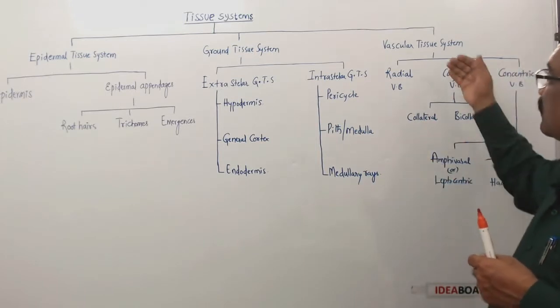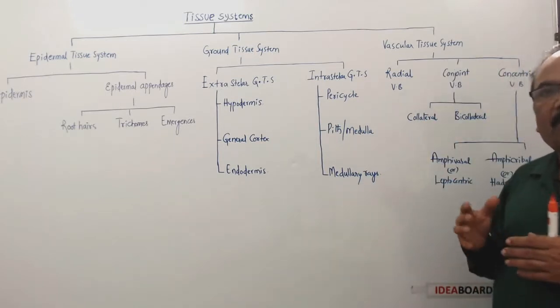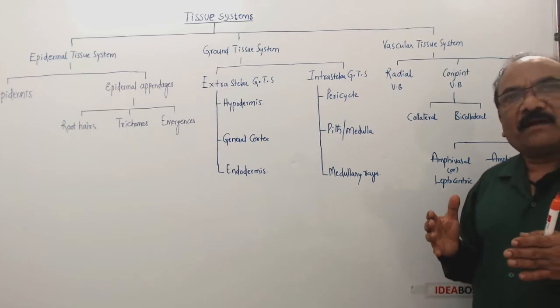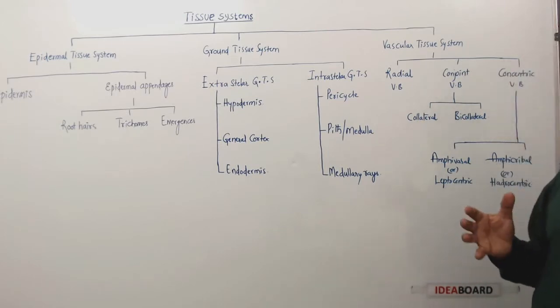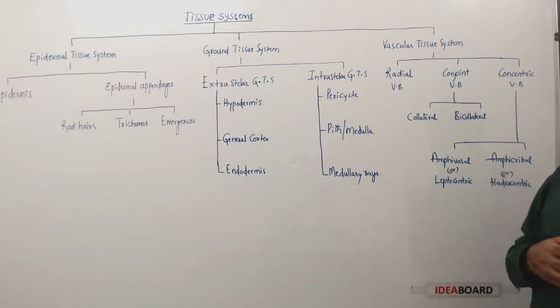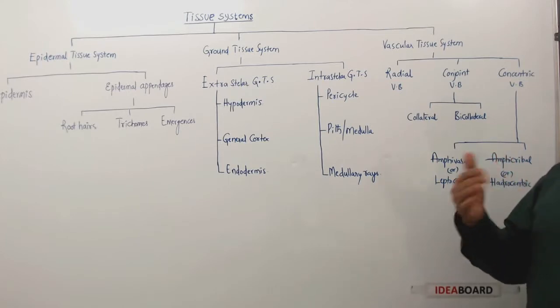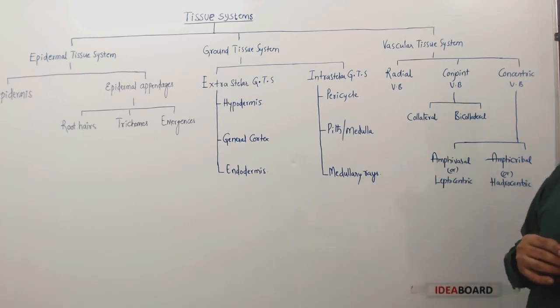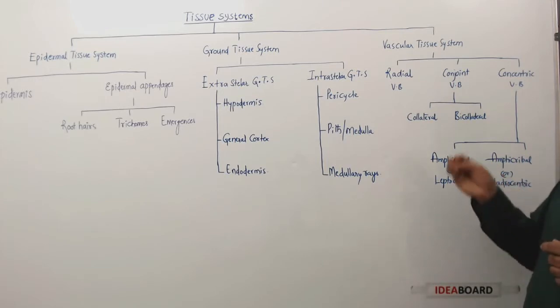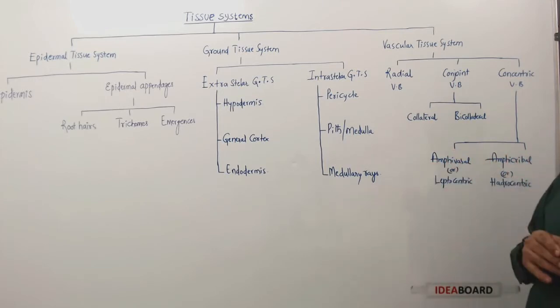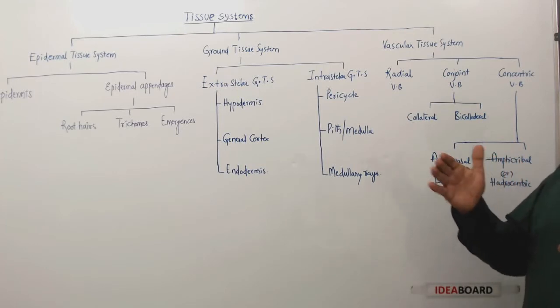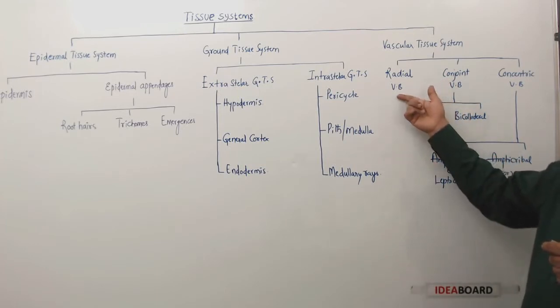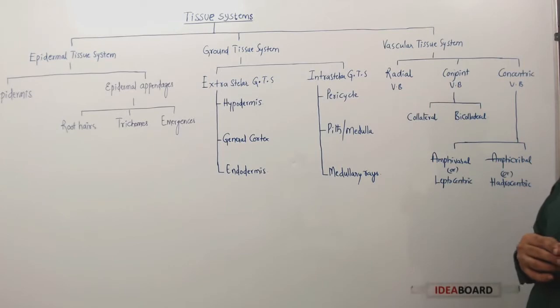When we come to the vascular tissue system, the vascular tissues are xylem and phloem, and they are arranged in the form of bundles in the primary plant body, whereas they are arranged in the form of rings in the secondary plant body. In the primary plant body, in roots, vascular bundles are arranged separately on separate radii, so we call them radial vascular bundles.